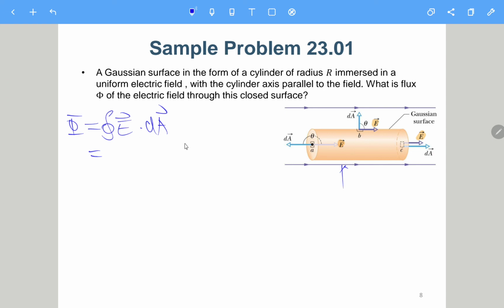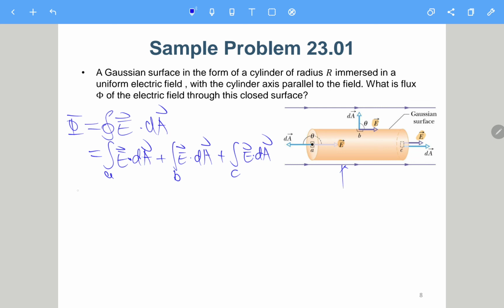The top is A, the bottom is C, the side is B. So it can be separated as E dot dA for part A, plus E dot dA for part B, plus E dot dA for part C. We can separate the whole integral into 3 parts.